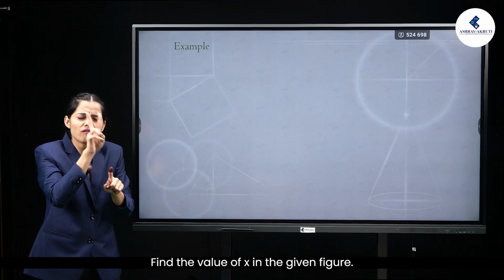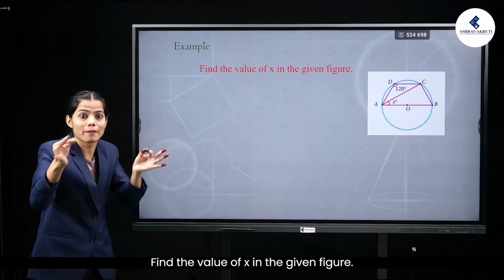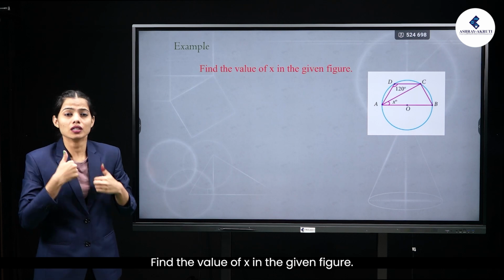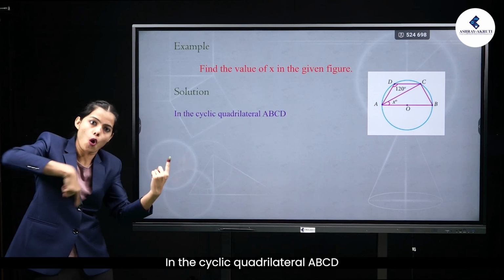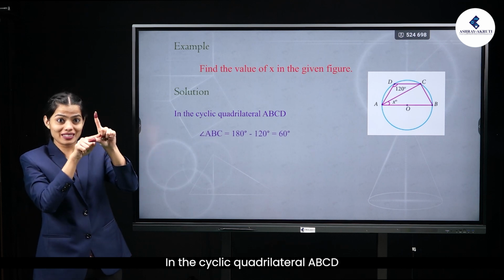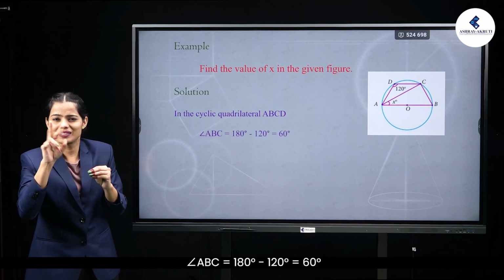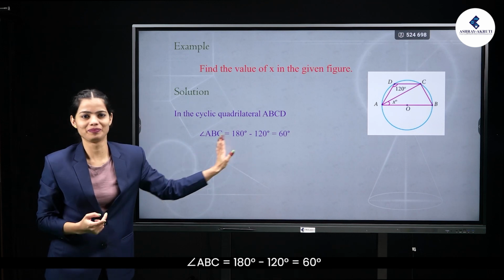Example, find the value of x in the given figure. Solution. In the cyclic quadrilateral ABCD, angle ABC is equal to 180 degrees minus 120 degrees is equal to 60 degrees.